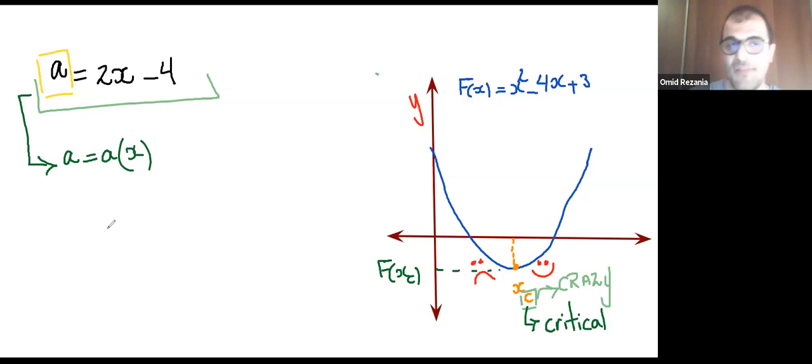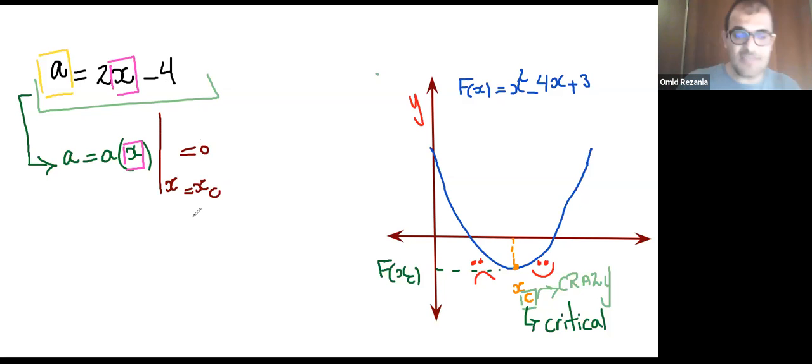It's a function of x because it contains an x itself. You see the x here? That's why I call that a function of x. Then I say that the root of these functions for x equals xc becomes 0.